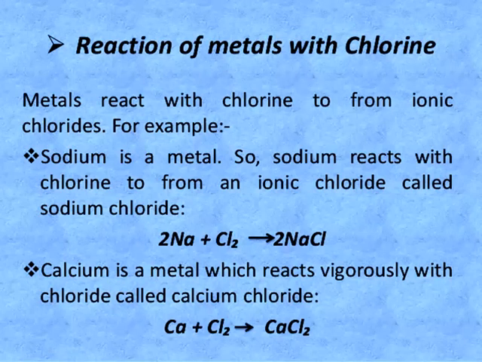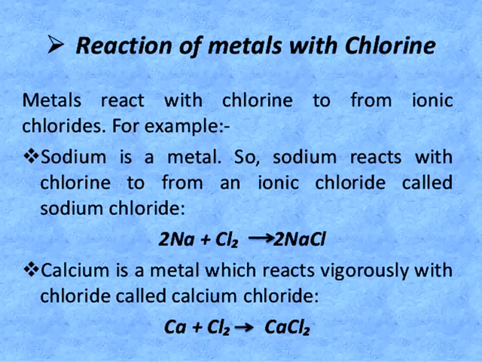In the formation of metal chlorides, the metal atoms lose electrons and become positively charged ions, whereas chlorine atoms gain electrons given by the metal atoms and become negatively charged ions, chloride ions. In other words, metals form ionic chlorides because they can give the electrons to chlorine atoms to form ions.